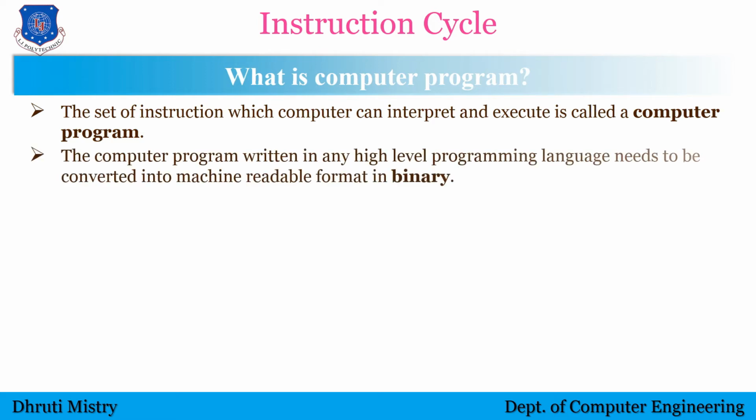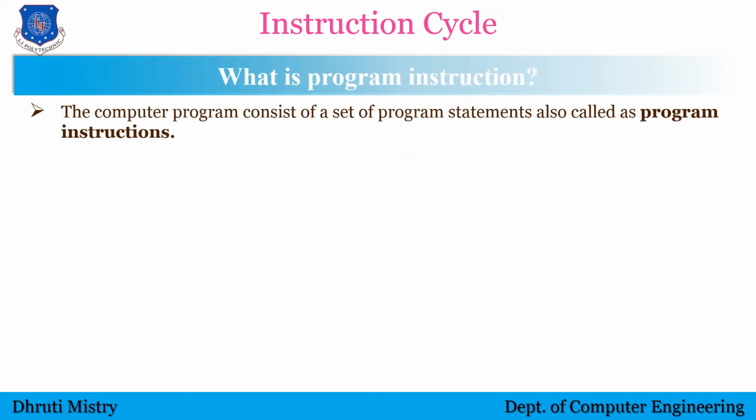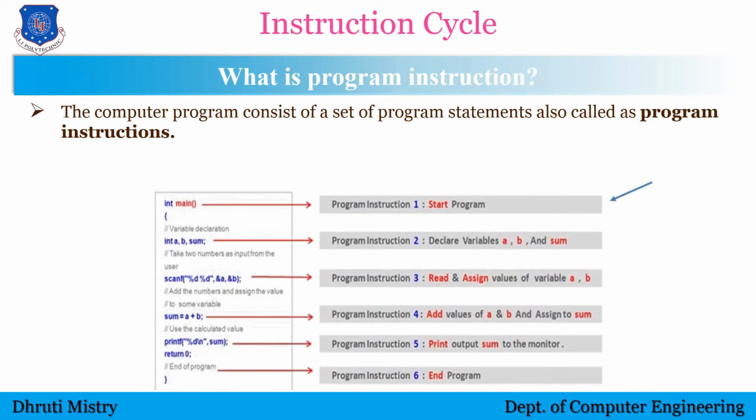The computer program written in any high-level programming language needs to be converted into machine-readable format, and it is in binary. The machine code instructions in binary are a low-level set of program instructions that can be directly executed by the computer system. Now, the computer program consists of a set of program statements, also called program instructions, and each program instruction performs a specific task.